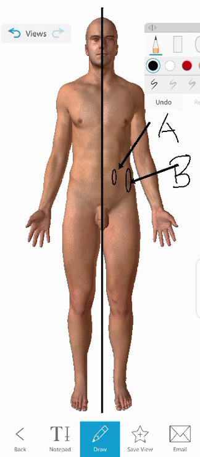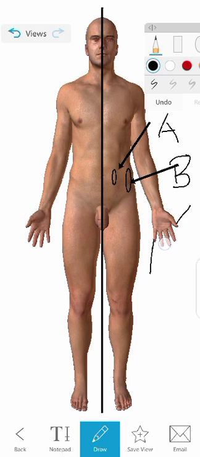So looking at the anatomical position like this, we can see our digits. This is our little finger or our pinky finger. Then there's our thumb. So we can say our pinky finger is medial to our thumb. Our thumb is the most lateral of all five fingers, and our pinky finger is the most medial.